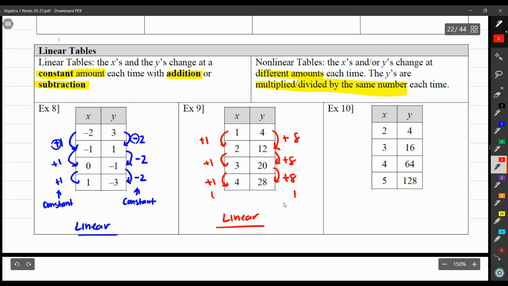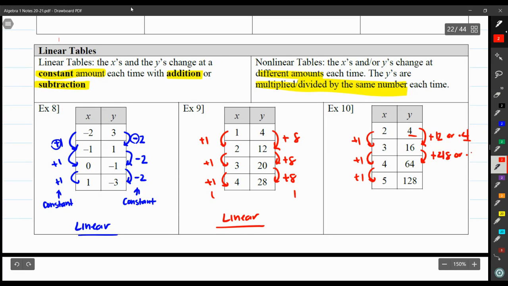Now if we look at number 10, 2 to 3 adds 1, 3 to 4 adds 1, 4 to 5 adds 1. But here, 4 to 16 adds 12. You could also technically multiply by 4 because 4 times 4 makes 16. Now let's see, 16 to 64 adds 48.